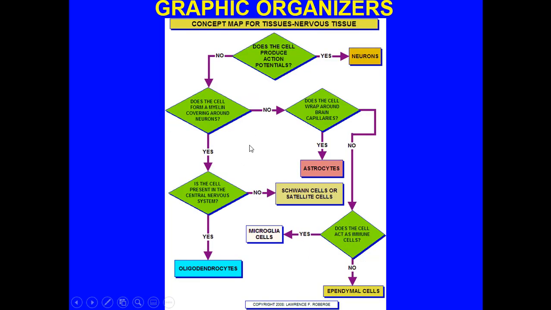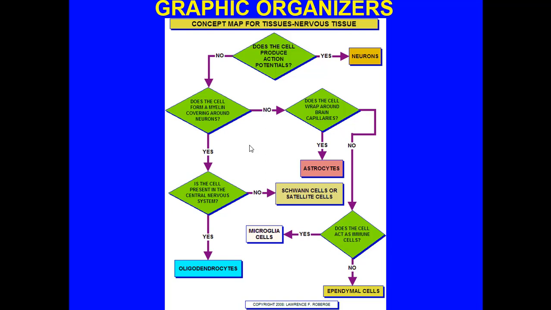Here is an important area that I encourage you to print out now and retain, because it'll help you as we go through not only this chapter, but other chapters that relate to the nervous system. First off, does the cell produce action potentials? Yes, then it's a neuron. No, then the next question is, does the cell form a myelin covering around the neurons? Yes. Is the cell present in the central nervous system?